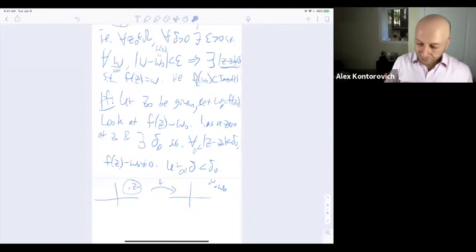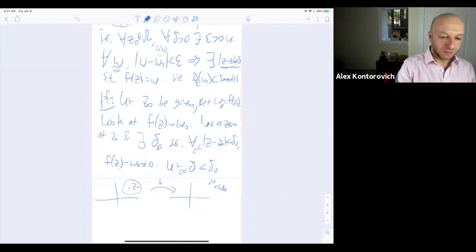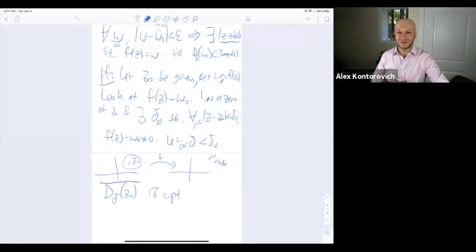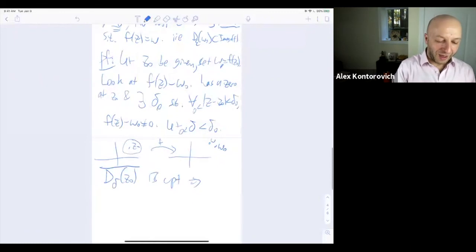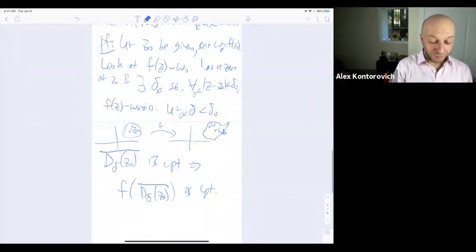Well, that's pretty easy. The region, how do I want to say this? D delta of Z0, closure, is compact. And therefore, the image of F, so F of D delta Z0 bar, is also compact. Okay, I'm taking a compact region. Wherever I send it to, I don't know what it looks like, but it's also compact and therefore bounded.